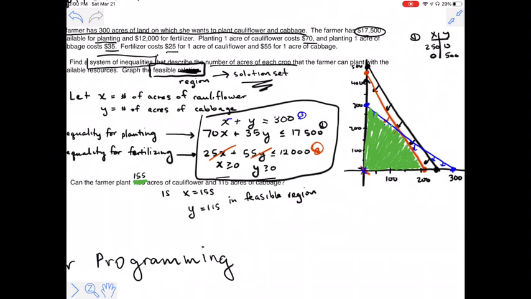If this point 155, 115 is not in the feasible region, then based on the constraints on this farmer, the availability of planting and fertilizing and available number of acreage, it's not possible.